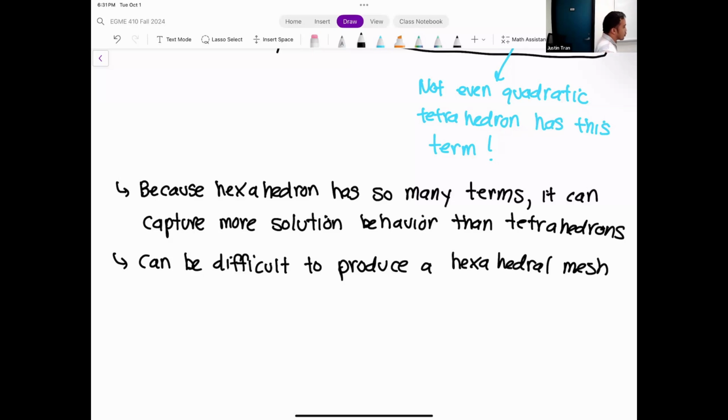A lot of times, if you try to produce a hexahedral mesh, you'll either run into an error, or ANSYS will just say, I couldn't do it, so I did tetrahedrons instead. So the algorithms to produce a hexahedral mesh are not as robust.